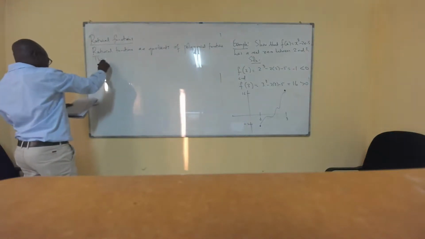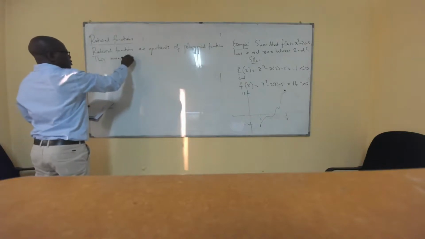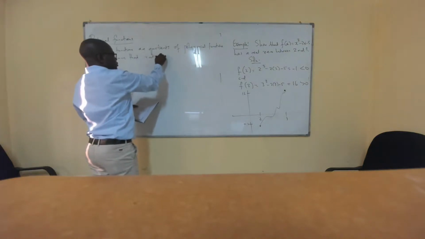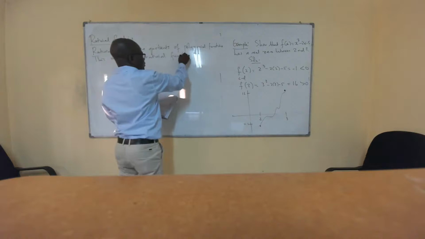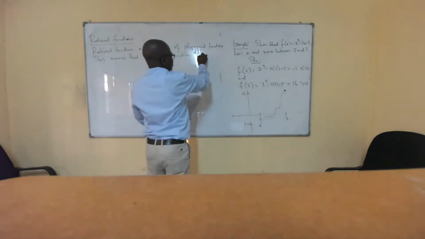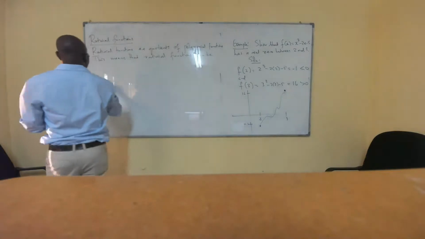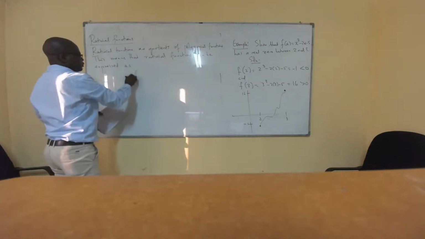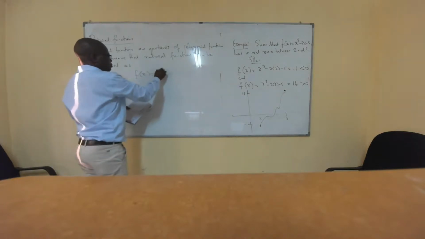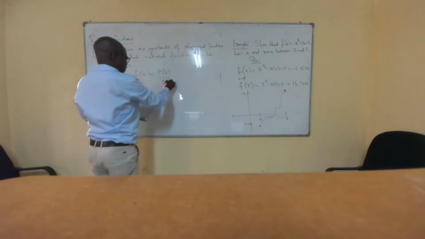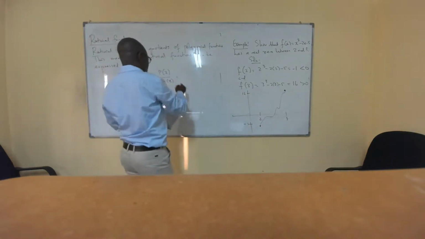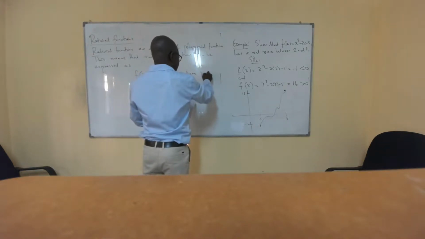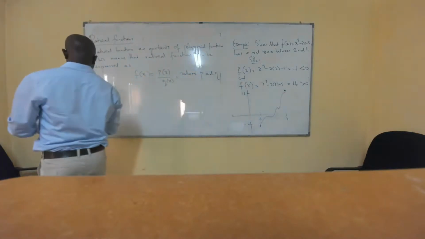This means that rational functions can be expressed as f of x equals p of x over q of x, where p and q are polynomial functions.